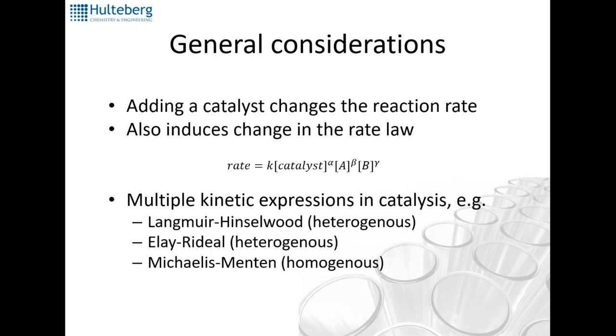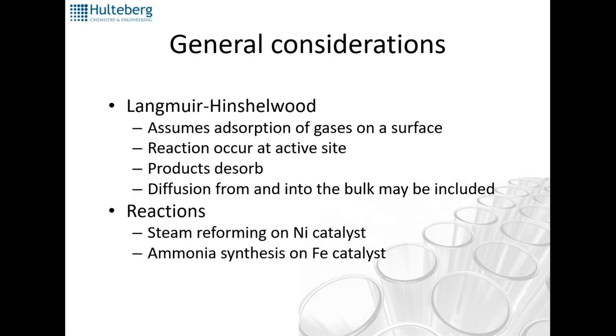These different ways of thinking of the catalyst reaction have different names, actually named after the people who invented them. Langmuir-Hinshelwood, Eley-Rideal, and Michaelis-Menten are a few different ones. There are, of course, more, but let's stick with these standard ones.